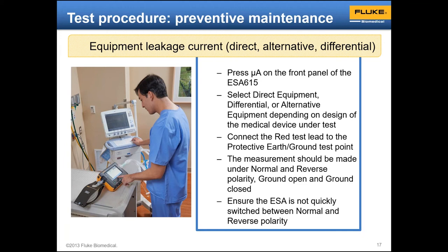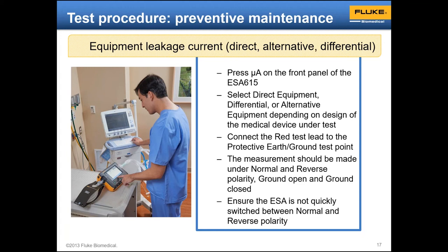Unless this is a brand new medical device we're doing acceptance testing on, we should already know we're going to use the direct method, or whatever method from IEC 62353, and we should have made sure our electrical safety analyzer is set to use IEC 62353. Okay, so we pick the direct method.